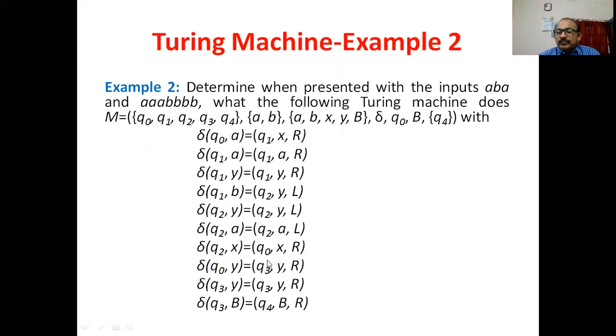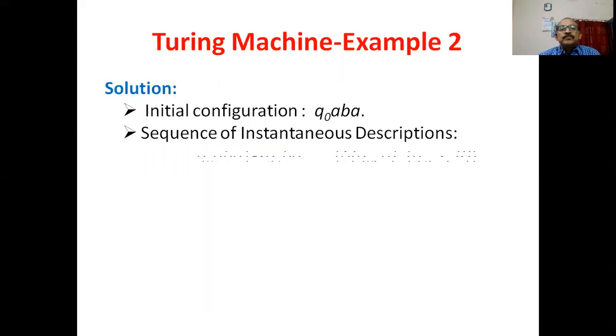So the machine in initial state Q0, the symbol under the tape head is A. It moves to the state Q1, replaces this A by X, and moves in the right direction. The next configuration is that this A is replaced by X first, then the machine moves to the right.